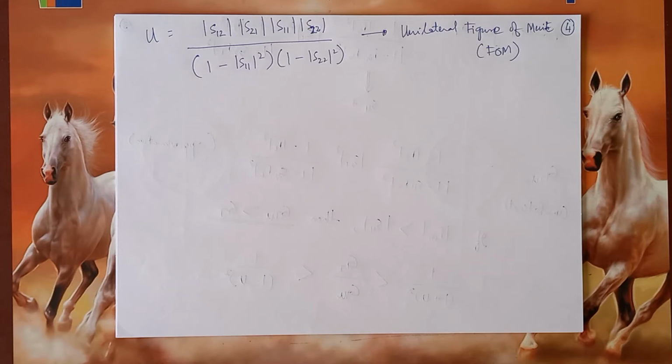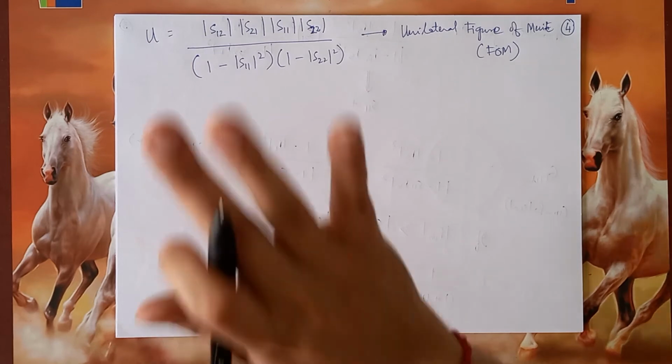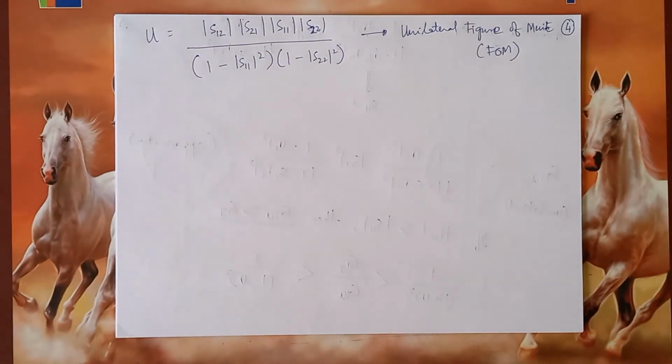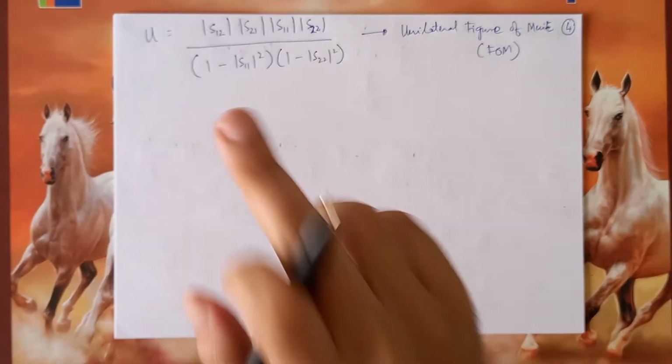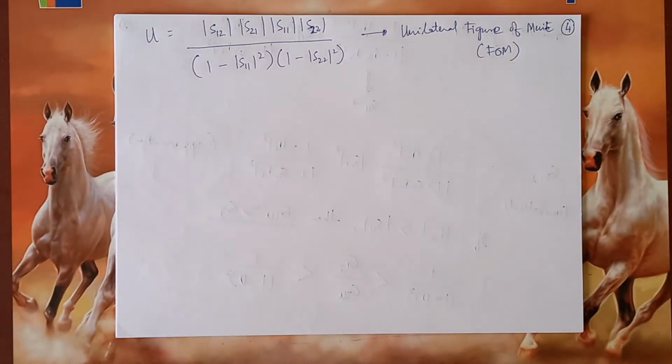But from the gain calculation point of view, often it is easier if we consider that to be unilateral. But we must not directly do so. We must see what the error bound is, and thereby we have to take a decision whether to go ahead or not. And we will know that if there is an error, it is so much, and that is governed by the unilateral figure of merit.